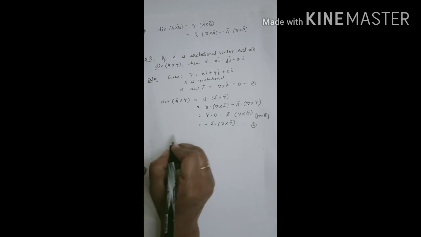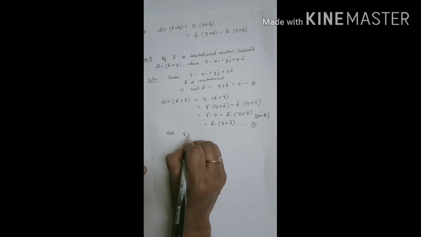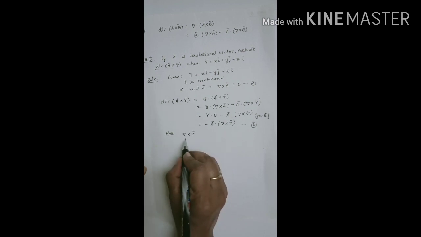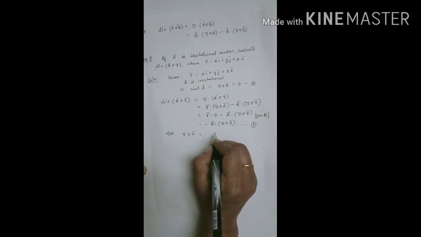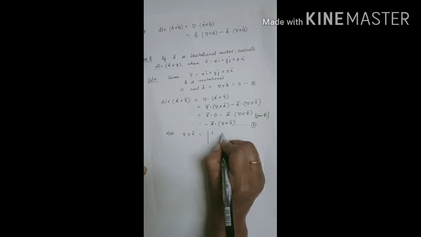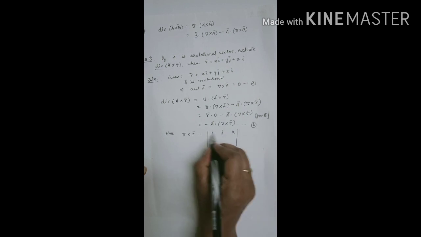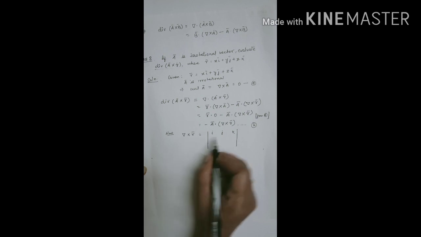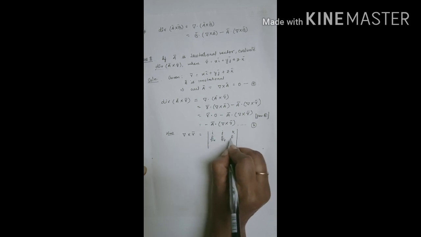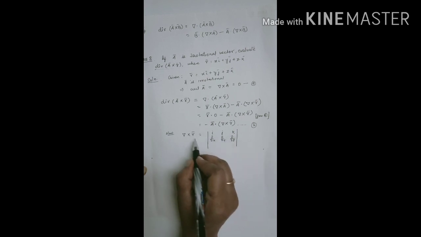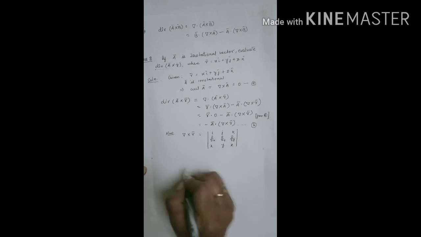So let's evaluate curl R. Del cross vector r, that is curl of vector r, is equal to, all of you know how to calculate this: the ijk components, the vector operator del by del x, del by del y, del by del z, and vector r components are x, y, z.